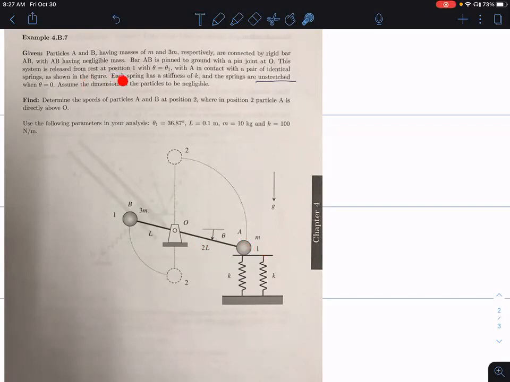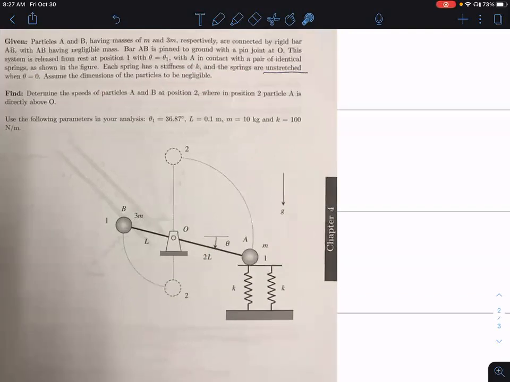Each spring has a stiffness. The stiffness means the spring constant K. And the springs are unstretched when theta equals 0. Make sure you understand what is going on here.